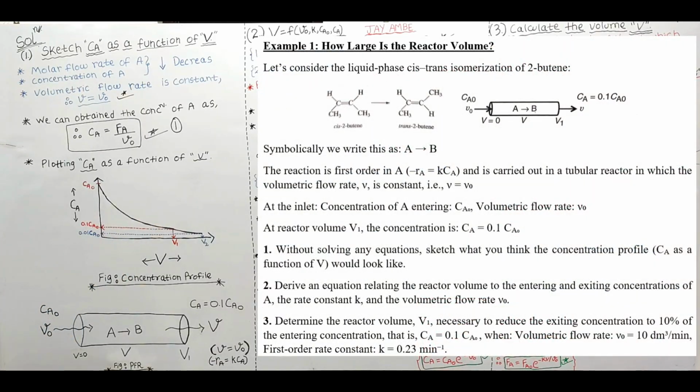The second part of the question states: derive an equation relating the reactor volume to the entering and exiting concentration of A, the rate constant k, and the volumetric flow rate nu naught.